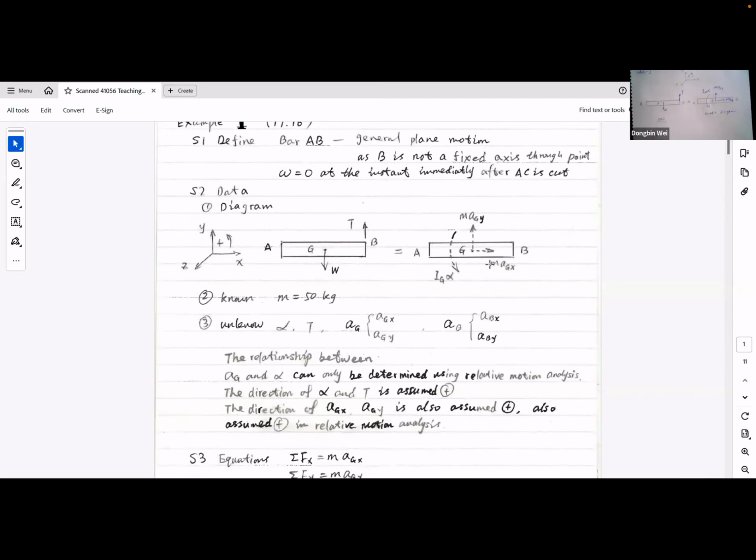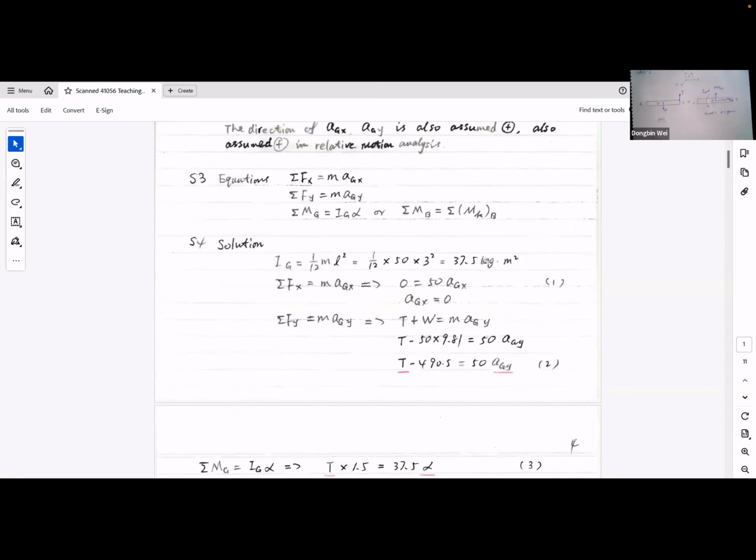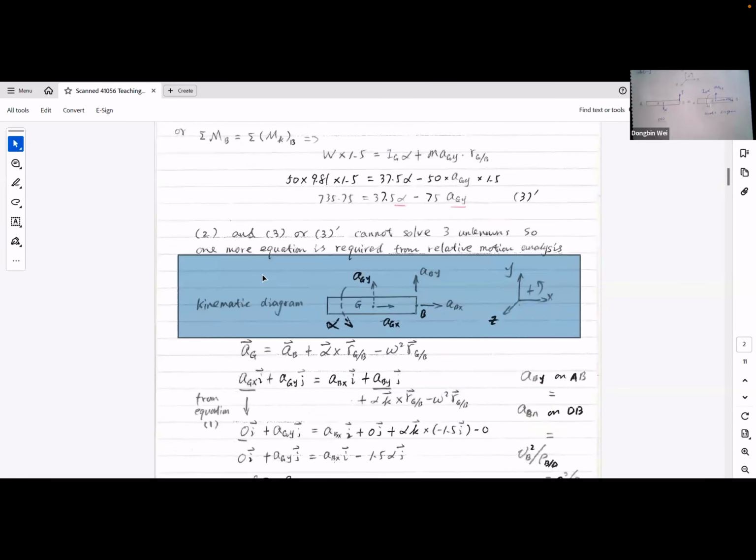Okay, we have to keep consistency when we do acceleration analysis. Alpha, AGY, AGX, this must be the same as what we indicated in the kinetic diagram.